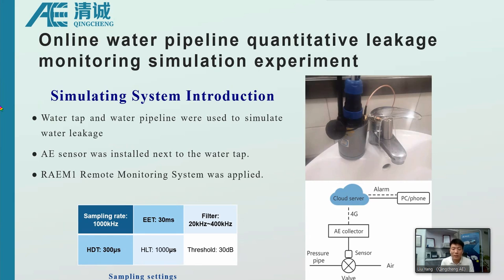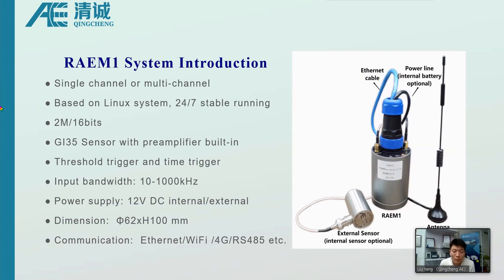This is the introduction of the RAEM. It's single channel or multi-channel, selectable, based on a Linux system, with stable 24/7 running. The sampling parameters are 2M and 16 bits.